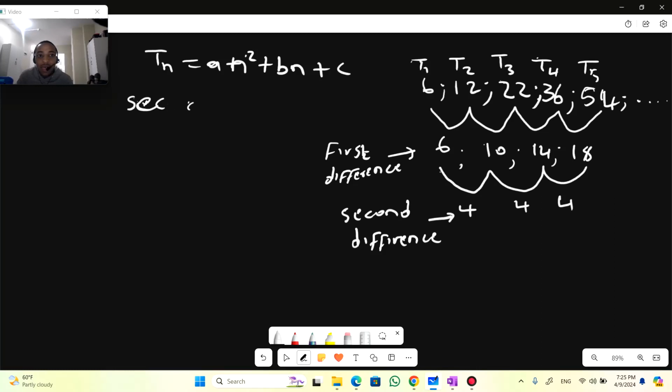So the second common difference is equal to 2A.